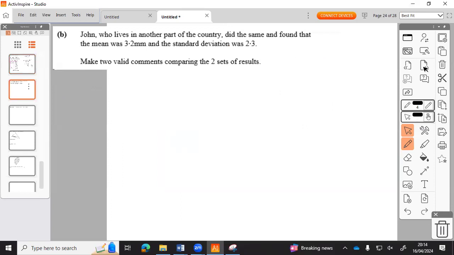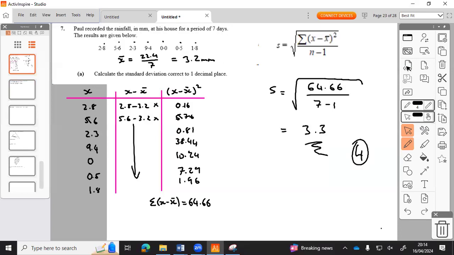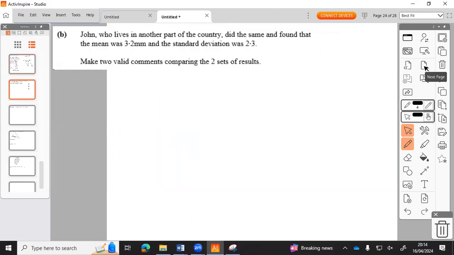Valid comparison. We're comparing that standard deviation of 3.3 with the standard deviation of 2.3. So the first thing we need to compare is standard deviation.